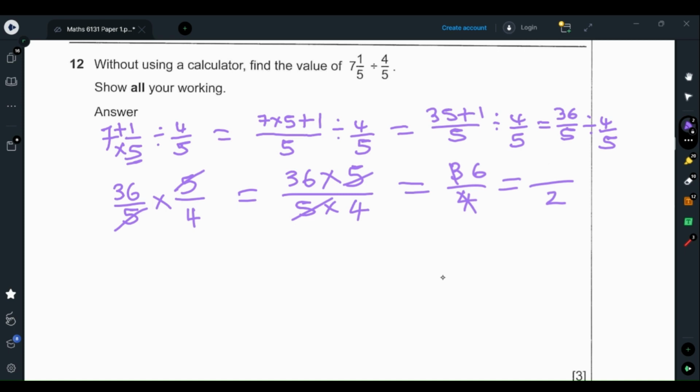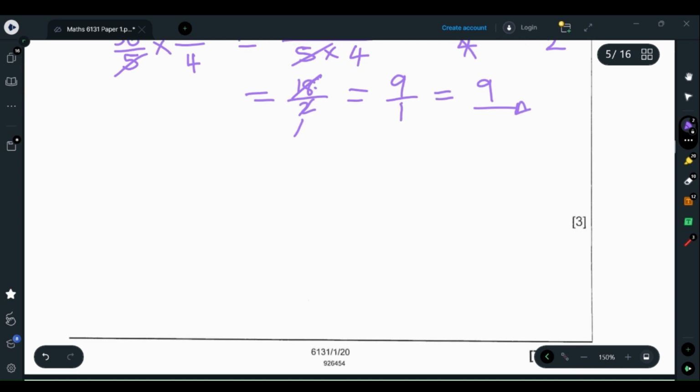Well, that is 1. Remainder 1. Put that 1. This becomes 16. So 2 in 16, that is 8. So that's 18 over 2. 18 divided by 2. 2 in 2 is 1. 2 in 18, that is 9. 9 over 1, which is the same thing as 9. So our final answer is 9.